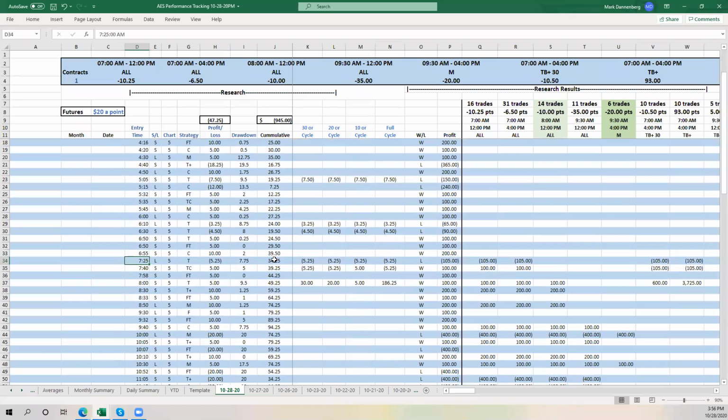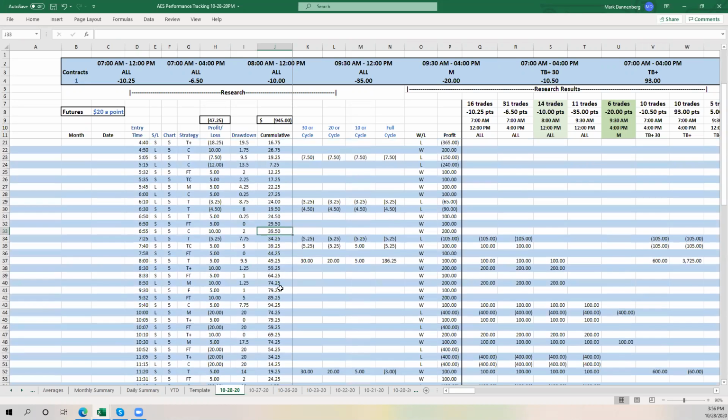But before that first 7 o'clock trade, we're up 39.5 points based on taking all of the signals. And if you fast forward, by 9:30 we were up 79 points, which means we accumulated 40 points between that last trade before the 7 o'clock hour and this trade at 9:30.